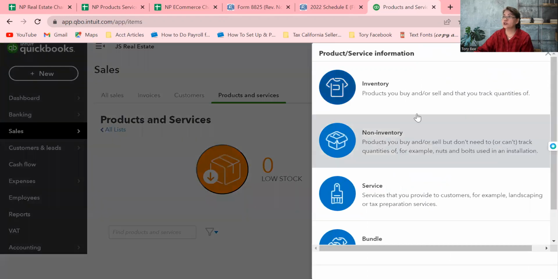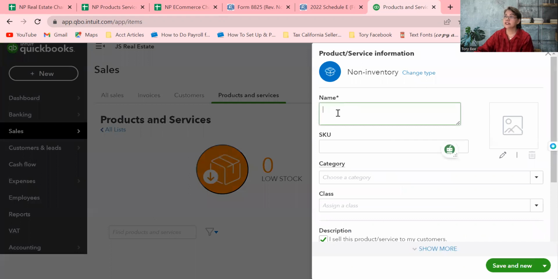Okay, let's click new, click non-inventory, and the name is here. I have not added this one yet.